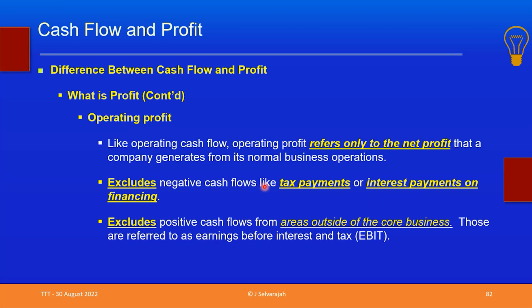So it excludes negative cash flow, tax payment, and interest payment on financing. It excludes positive cash flows from areas outside the core business. Those are referred to as earnings before interest and tax, EBIT. So all of this excludes the cash flow, negative and positive, like the operating cash flow. This one excludes negative cash flow, so that is called operating profit.